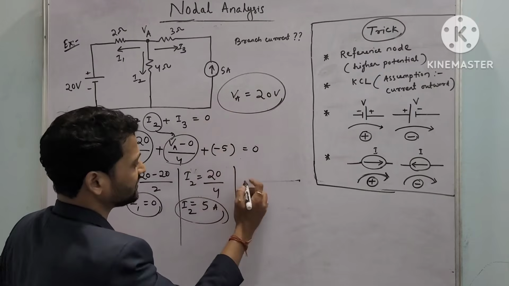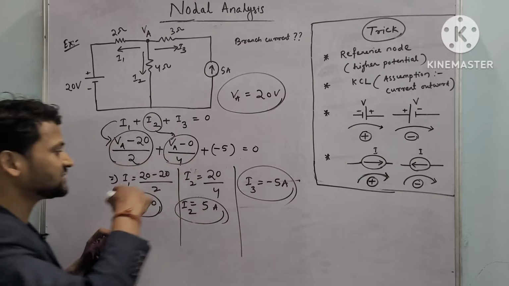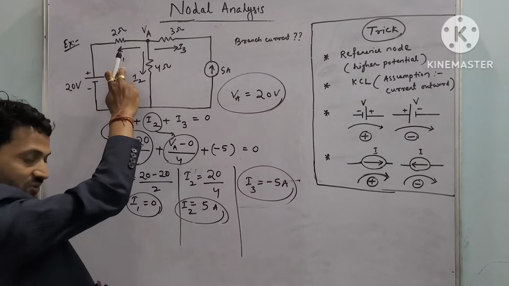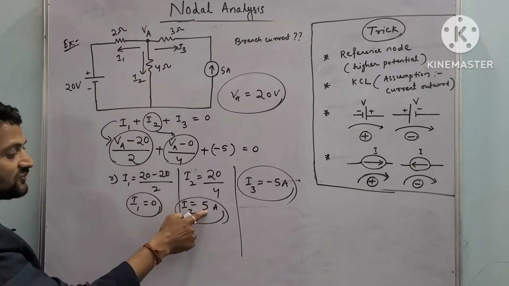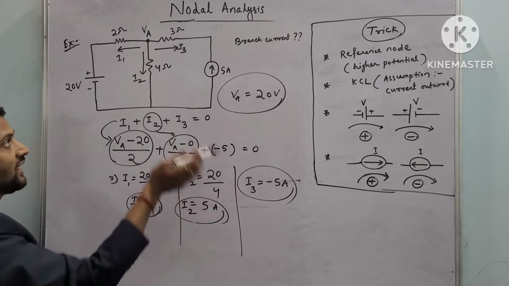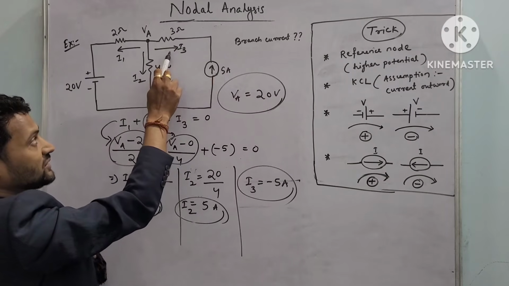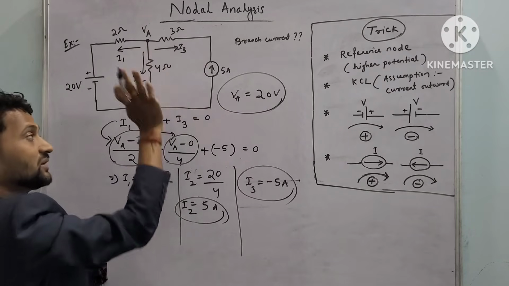And I3 is already given, 5 ampere with a minus sign. That means your final answer is: the current through this branch is 0, the current through this branch is 5, which is correct, and the current through this branch is minus 5 if we consider current from left to right, but actually the current is flowing from right to left.